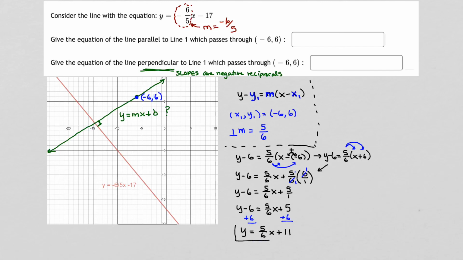That is the equation of the line that's perpendicular to the given line. y equals 5/6x plus 11. And that completes our problem. We have found lines both parallel and perpendicular to a given line passing through the point -6, 6.